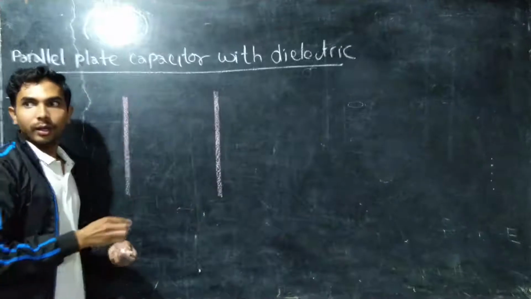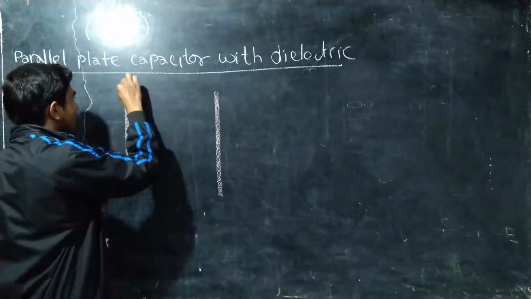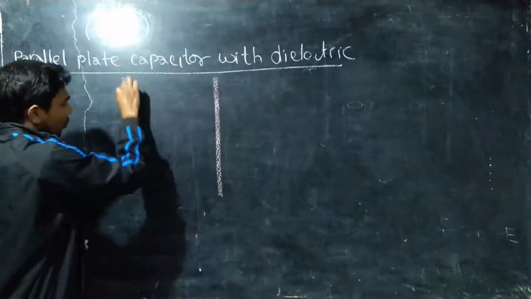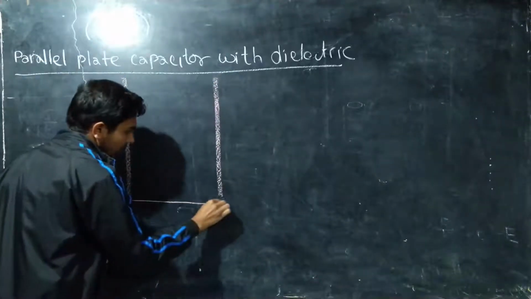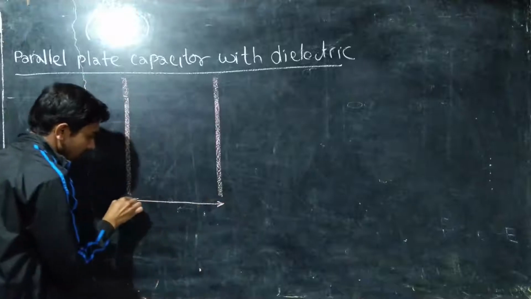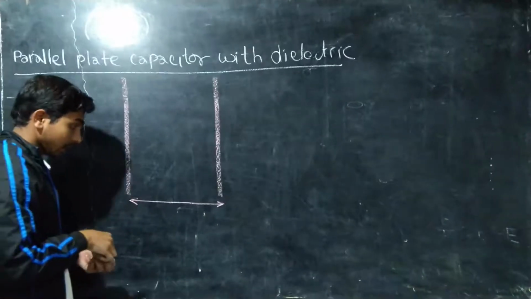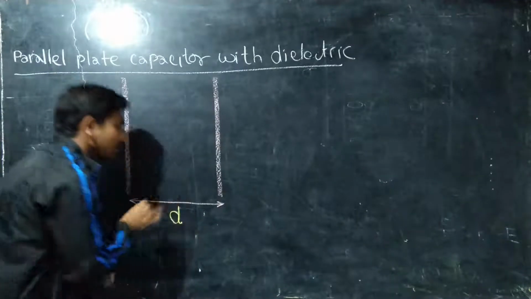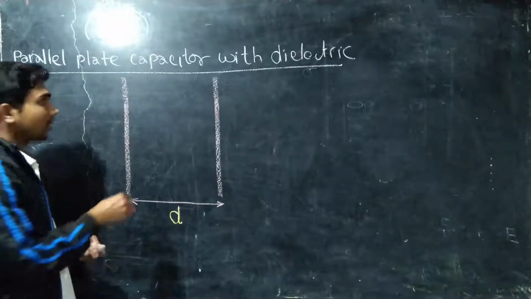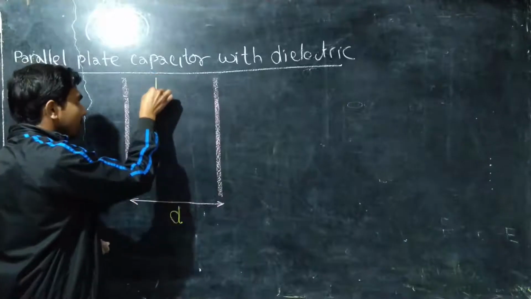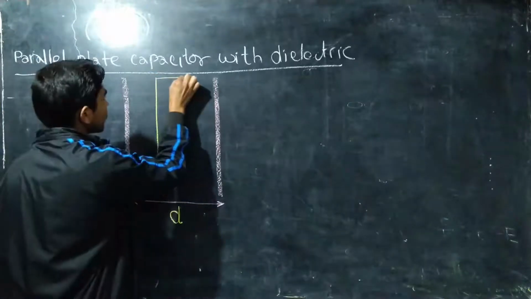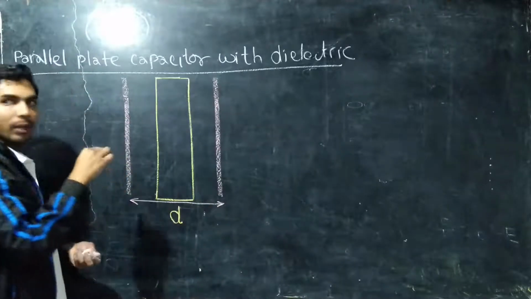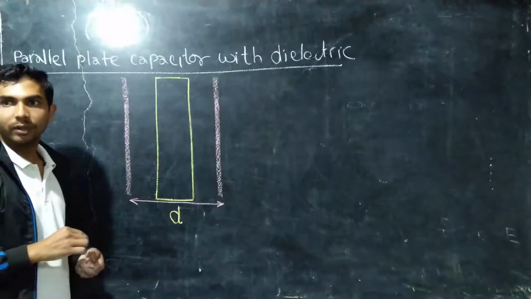The separation between the two plates is D. And this is your dielectric material, which I kept in between the plates of the parallel plate capacitor.